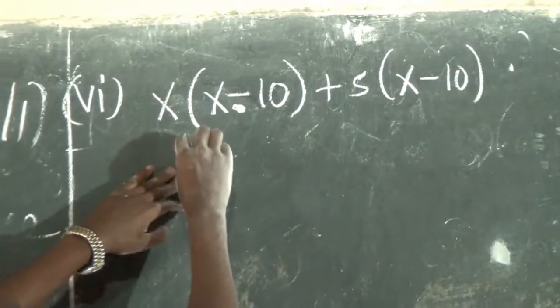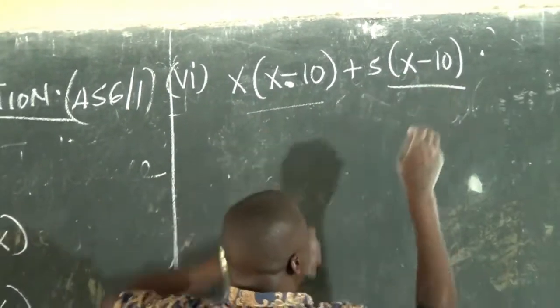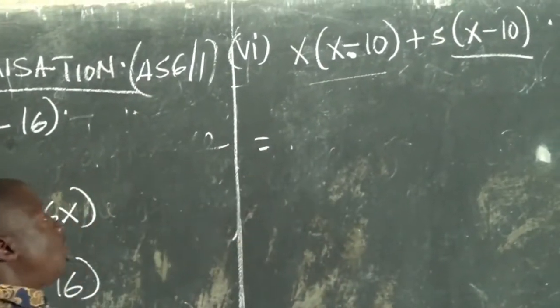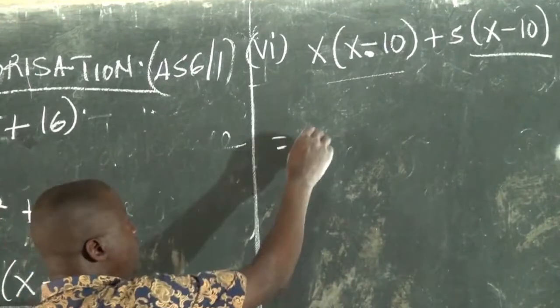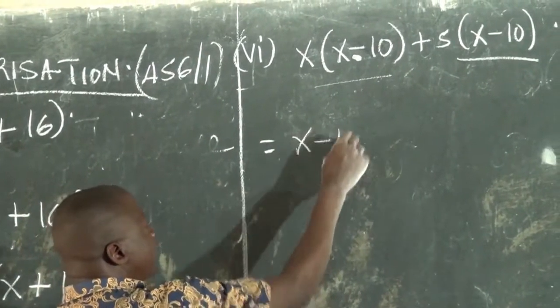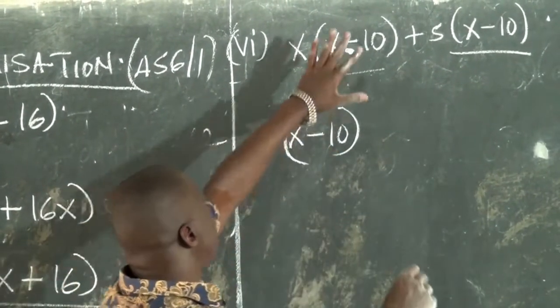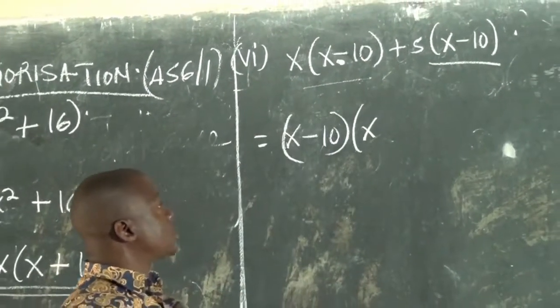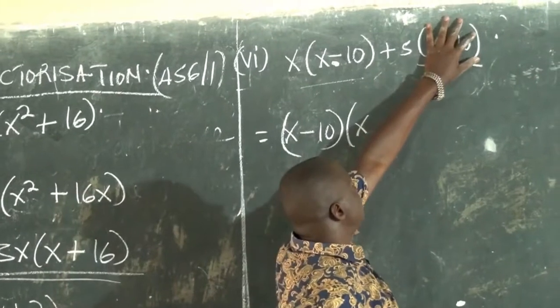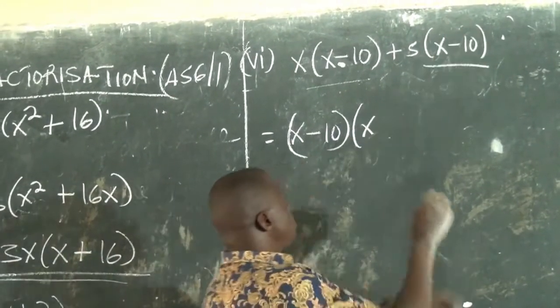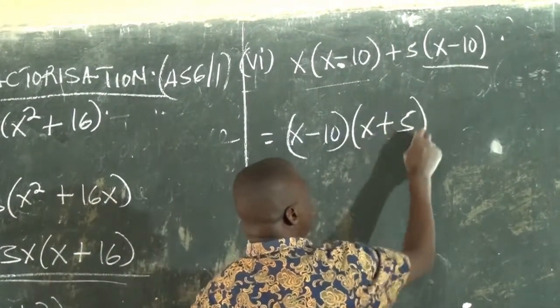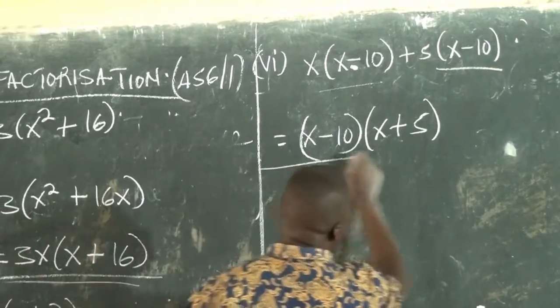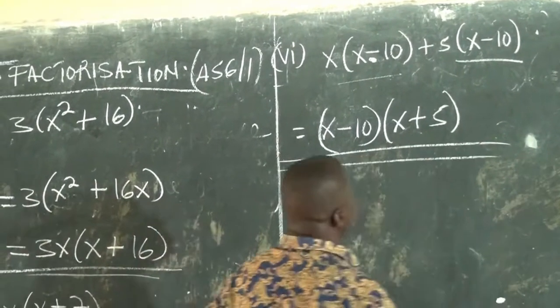So we put it out, or we factorize it out. We shall have x minus 10. When you cover this, outside, there is x. You also cover that, because it is a common factor, we have plus 5. So this is our answer.